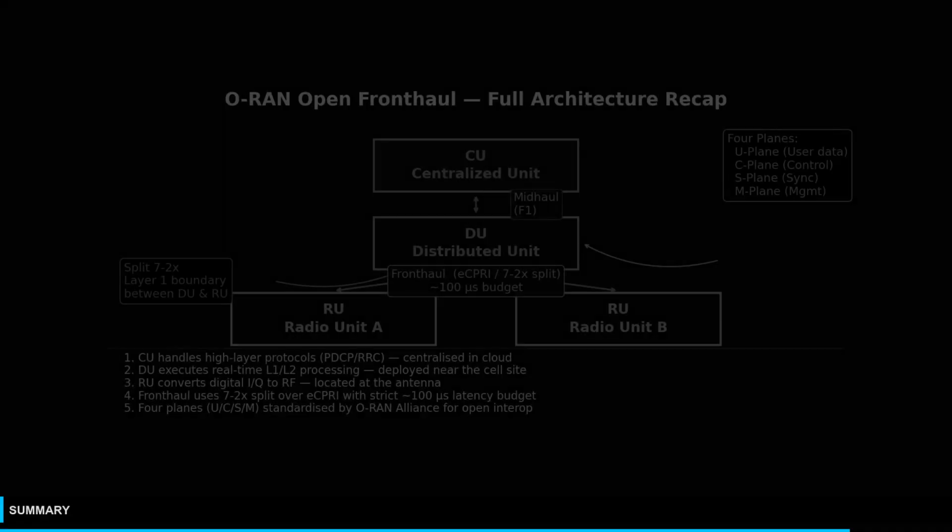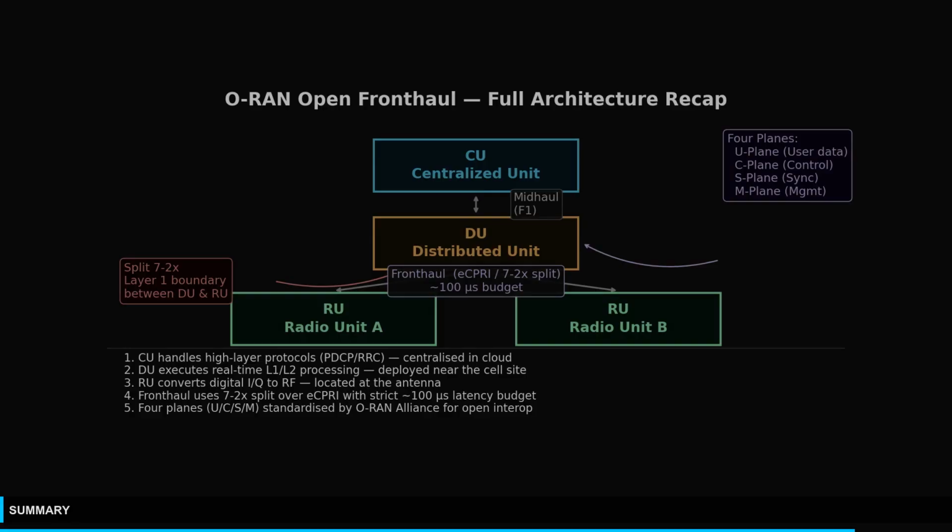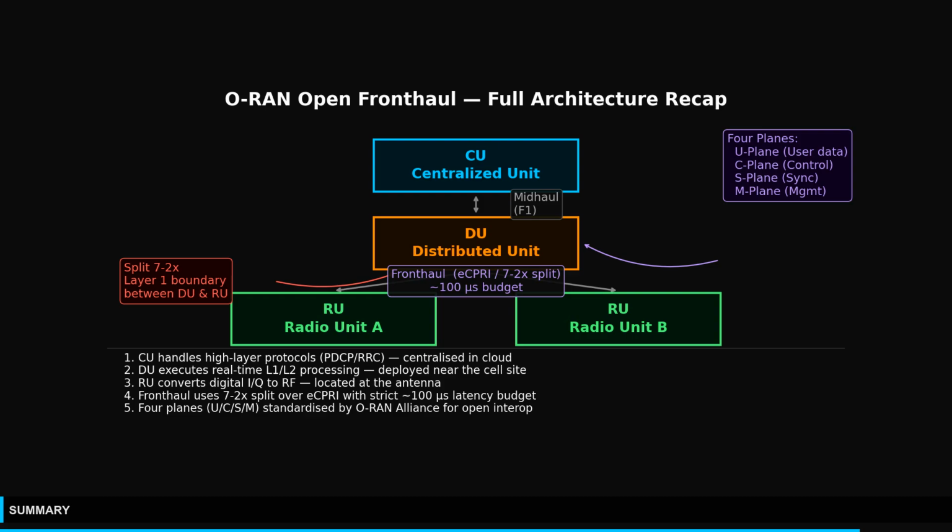Let's recap. O-RAN splits the base station into 3 nodes: the CU for non-real-time higher layers, the DU for real-time scheduling and high PHY, and the RU at the tower for low PHY and radio. The Open Fronthaul interface sits between the DU and the RU, and it uses the 7.2x functional split, cutting inside the physical layer so beamforming and FFT live in the radio.